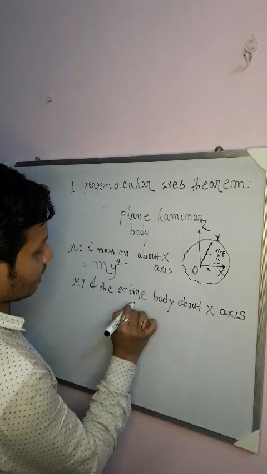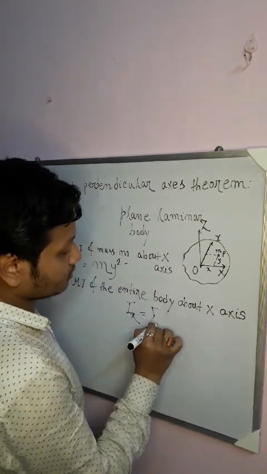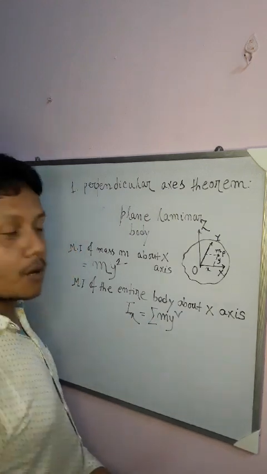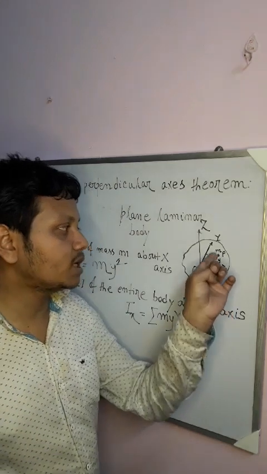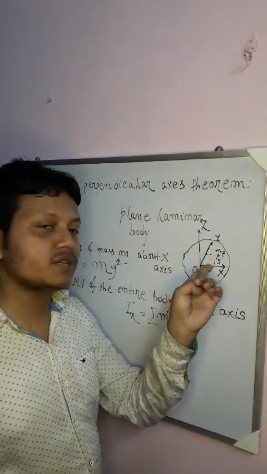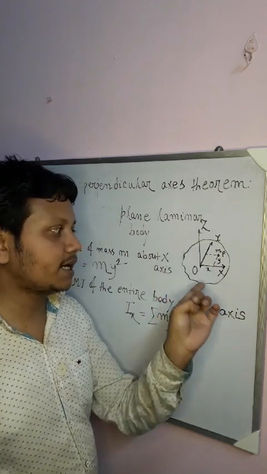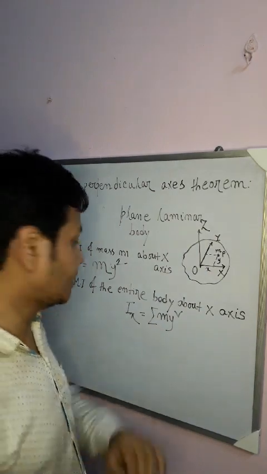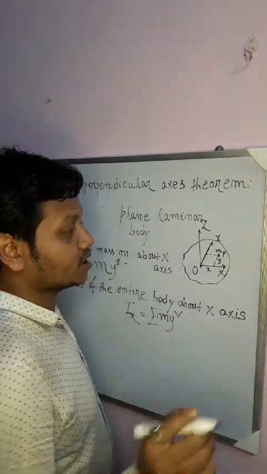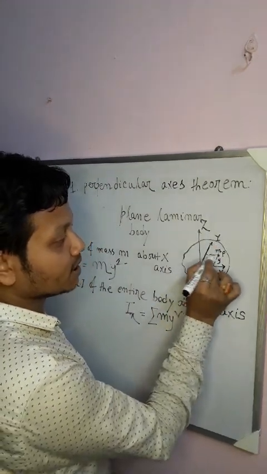If I denote it Ix, we take the sum of this, because the body is composed of a large number of particles. First we find the moment of inertia of the particle of mass m about the x-axis, and taking the summation of that, we get the moment of inertia of the entire body about the x-axis. Now, what will be the moment of inertia of the particle of mass m about the y-axis? That is similarly m into x square.